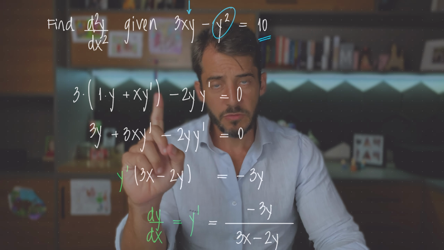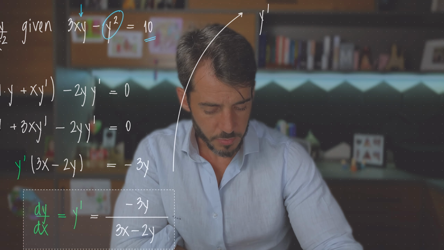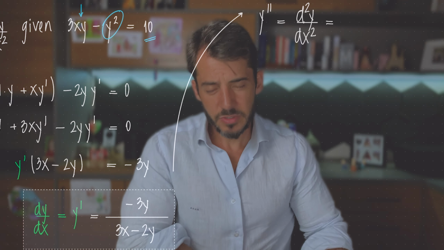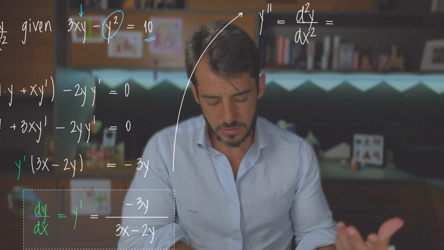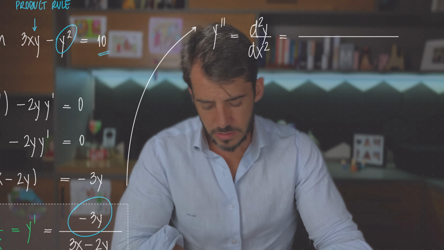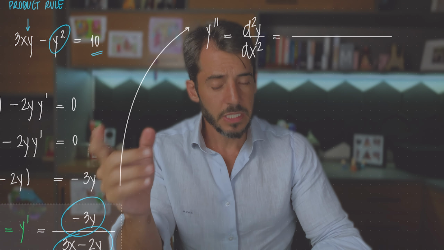Now, this is the first derivative, which means that y prime prime, or d2y dx2, is the derivative of this with respect to x. So right now we have a quotient rule where negative 3y is the term in the numerator and 3x minus 2y is the term in the denominator.